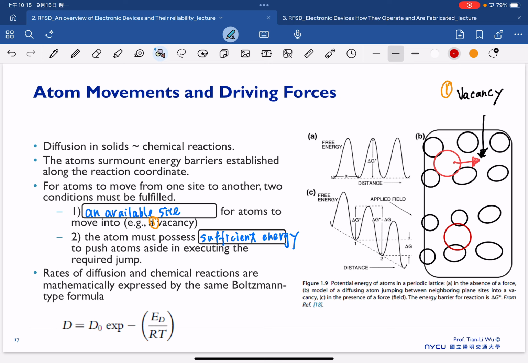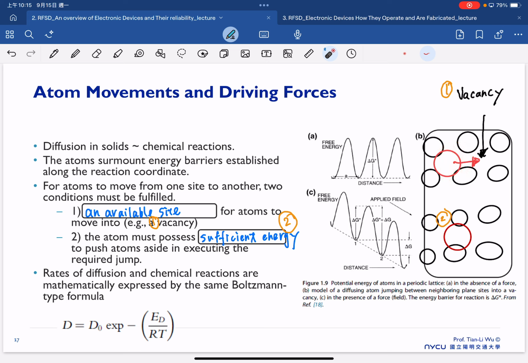Therefore we need to make sure that the atom has sufficient energy to push the atoms aside and execute the required jump. This is the place where two atoms are close, and this is a region that has no atoms, and this is a region that has atoms.